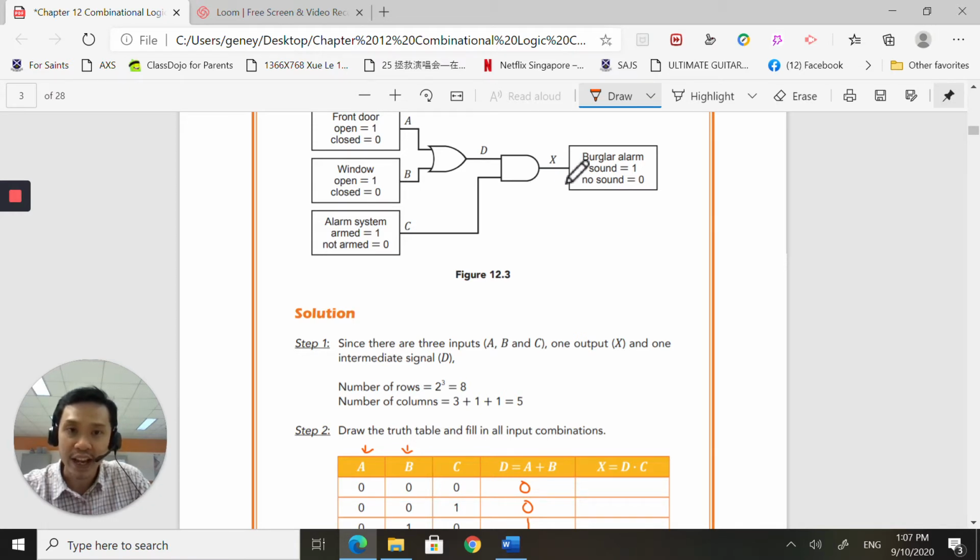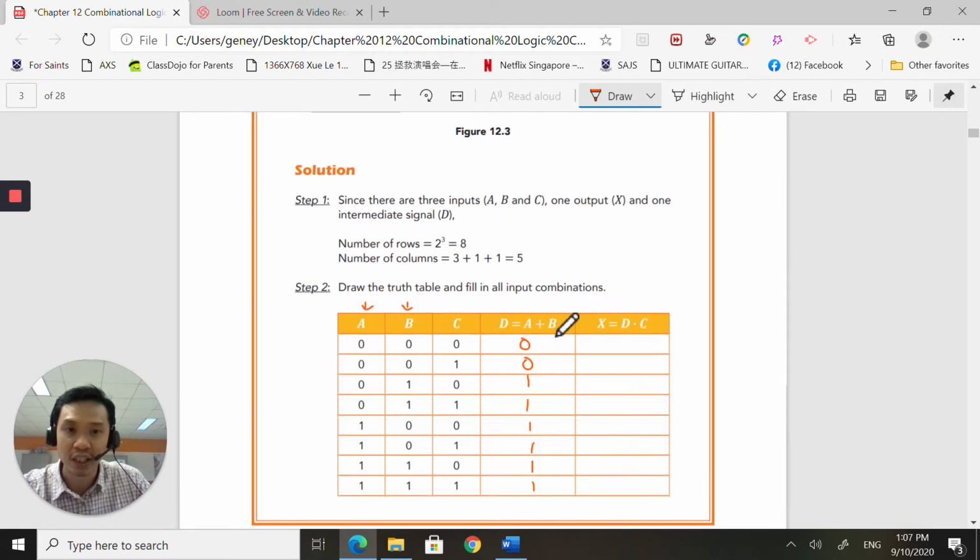Because X is D and C. All right, so I'm looking at X equals D and C. It's a good idea to come up with a separate column for the intermediate signals and write down what the intermediate signal is. In this case, D is A or B, X is D and C. So we are looking at C and D, okay, AND.